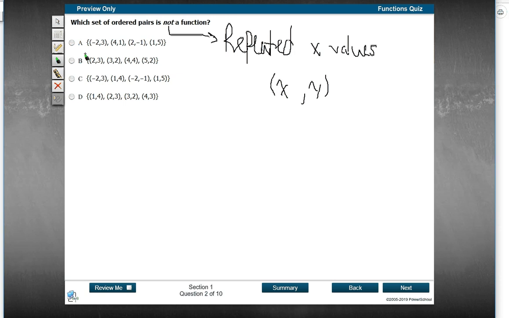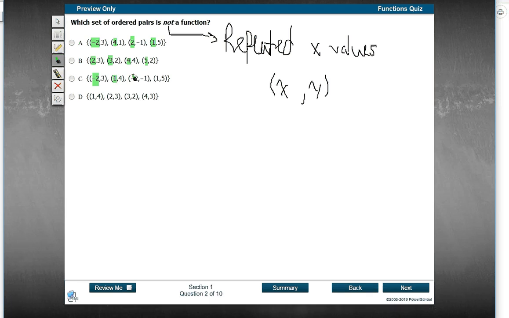So let's highlight the x values. Let's highlight 2, 4, -2, 1. Let's highlight 2, 3, 4, 5. So far, these are functions because those highlighted values have no repeated x values.